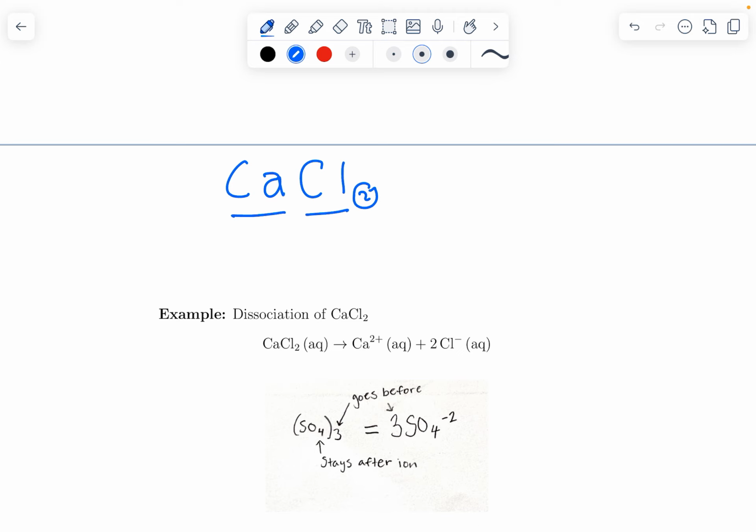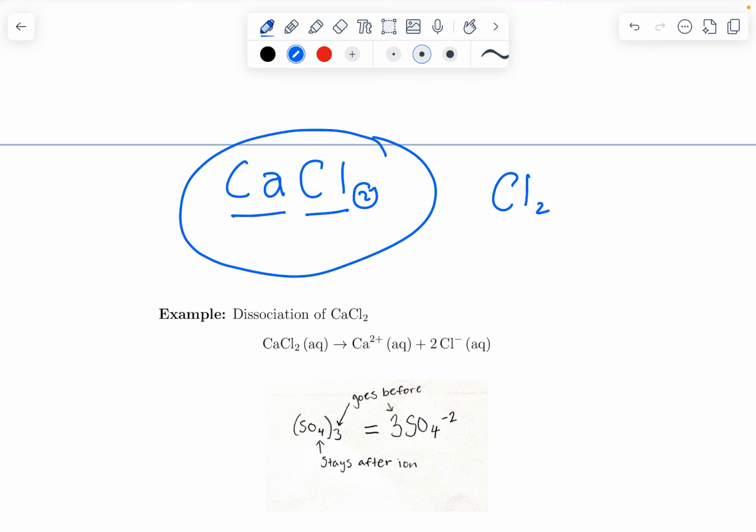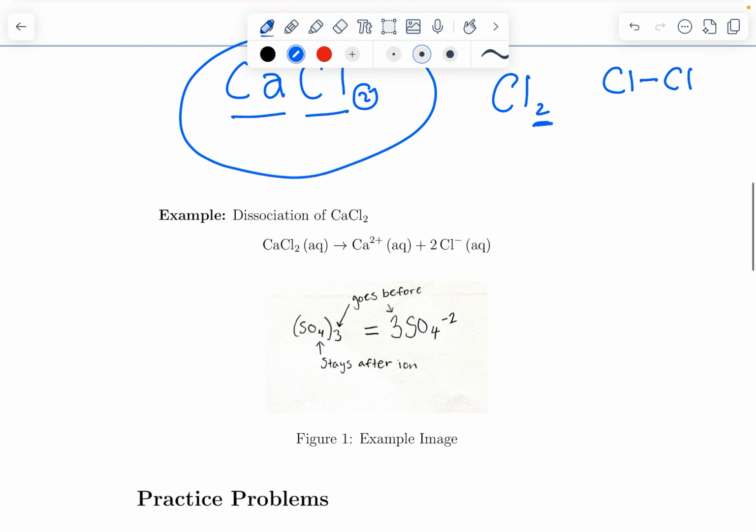But when you see this subscript, that means this whole thing is combined into one thing. If you saw Cl2 by itself, that means it's a chlorine molecule, 2 chlorines tied together. So the subscript tells you that they're stuck together. This is really important. And I had a student give you a little hint.